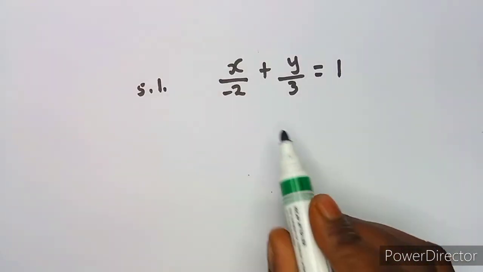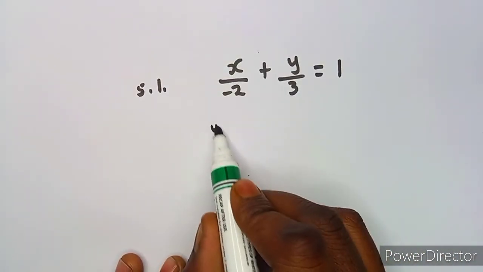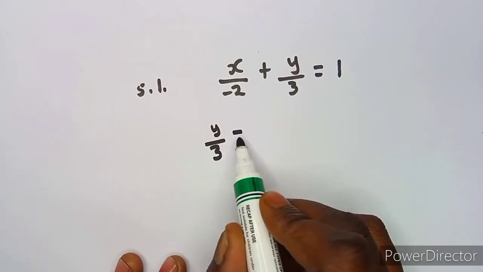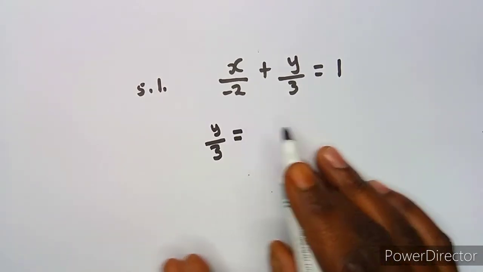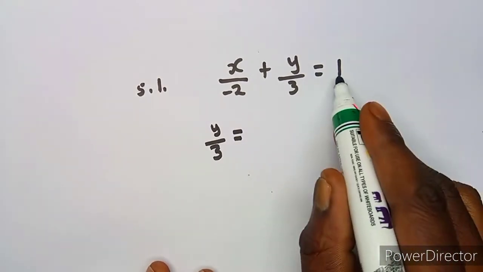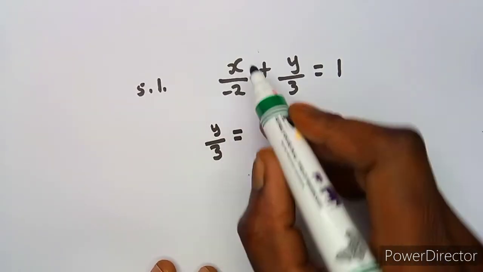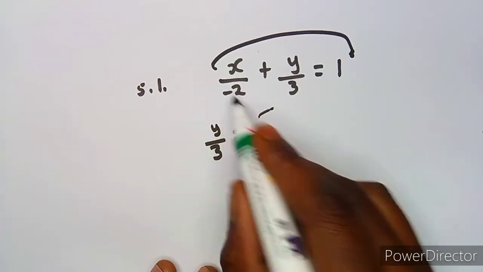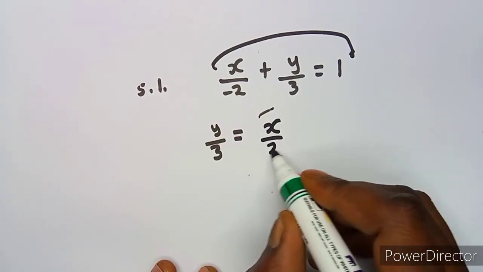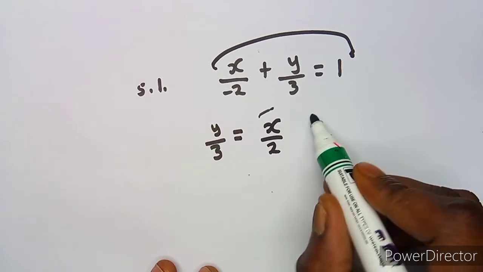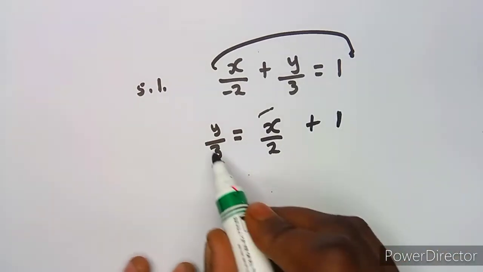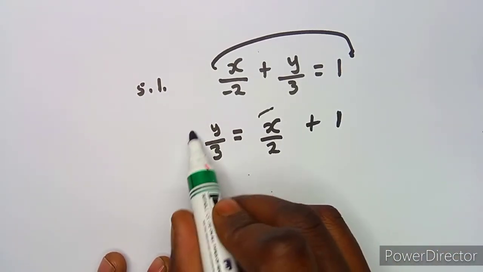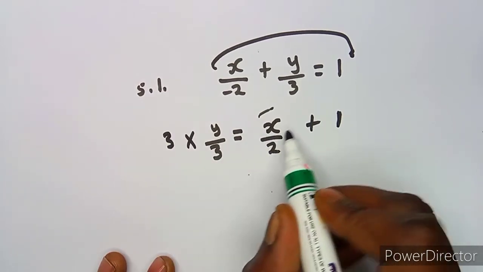That is the question. We can leave this y over 3 on one side, and if we transpose this term to the other side of the equation, it was a minus, so it's going to be plus x over 2, plus the 1 which was already there. So in order for us to remain with y, we have to multiply each and every term.